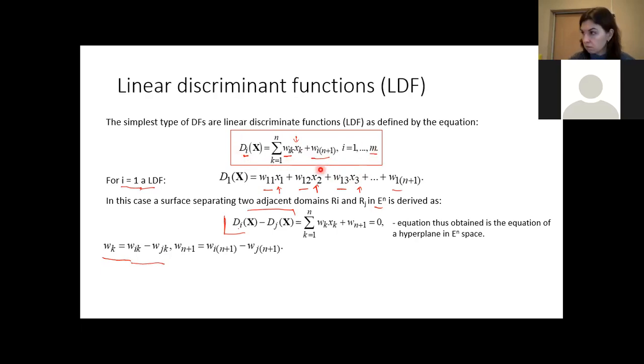It's better to write it somewhere else. And here you may see the example of the linear discriminant function for the first class. The first index corresponds to the class number. The second index corresponds to the feature number.